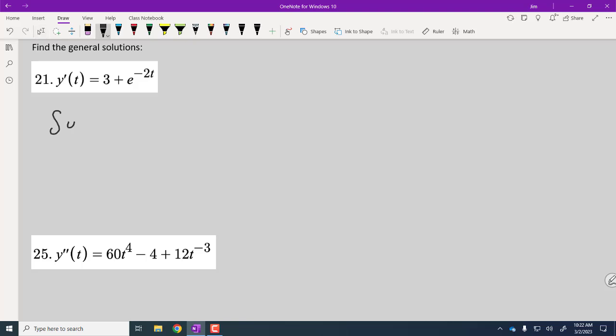So we integrate, and let me write it this way. So y prime of t is dy dt, correct? And when you integrate, let me change the colors on this just to point something out. When we integrate, remember that the integral comes along with its differential.